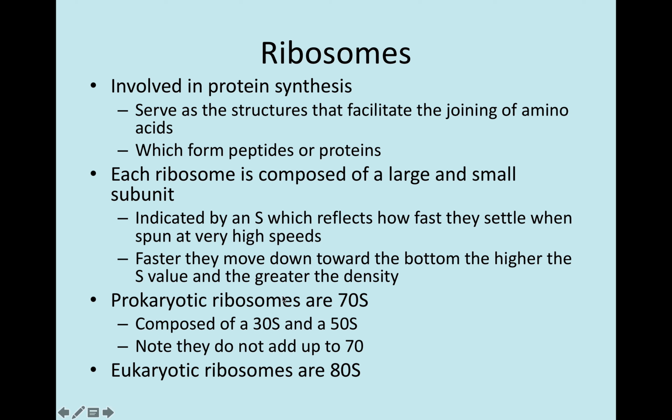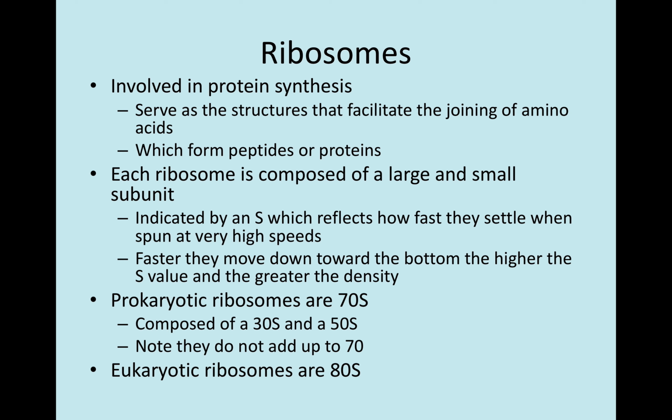The prokaryotic ribosomes are referred to as 70S ribosomes, which is composed of a 30S small subunit and a 50S large subunit. They do not add up to 70, as indicated by the 70S, but the S is basically the density of the large and small subunits.